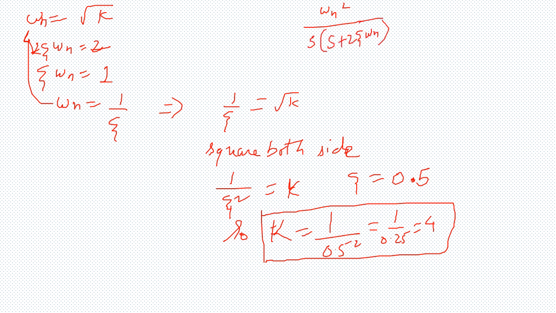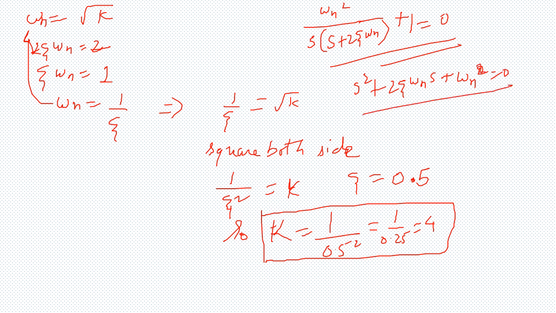The characteristic equation is given as s squared plus 2 zeta omega n s plus omega n squared equal to 0, and you can compare this with the equation given in the question, and from there you can get the answer. So the answer to this question is K equal to 4.